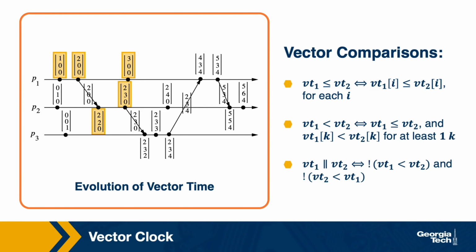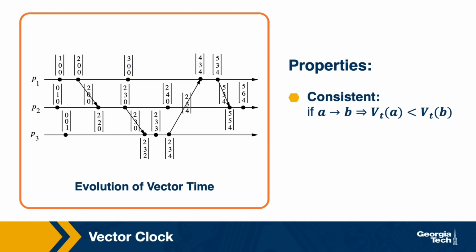The value 3 is greater than the value 2 in the second vector clock, and the value 3, which is the second element in P2's timestamp here, is greater than the value 0 in the second element in P1's timestamp. And if we look at the execution here, we already discussed this, these two events are indeed concurrent.